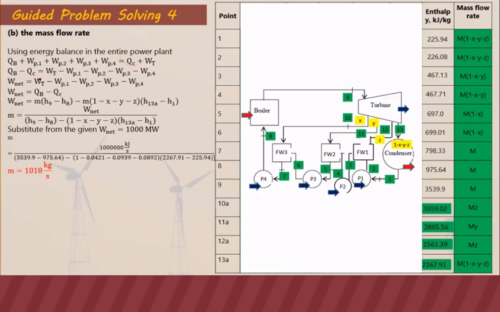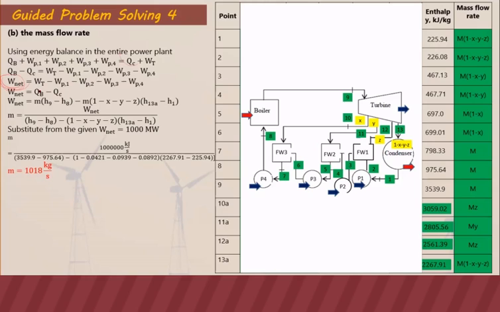So we are going to rearrange that. You can see this term, and this term here is just equals to work turbine minus work of the pump, which is also equals to work net. So net work is the work turbine minus the sum of the works of the pumps. Therefore, our work net can also be written as just equals to the heat input in the boiler minus heat output in the condenser.